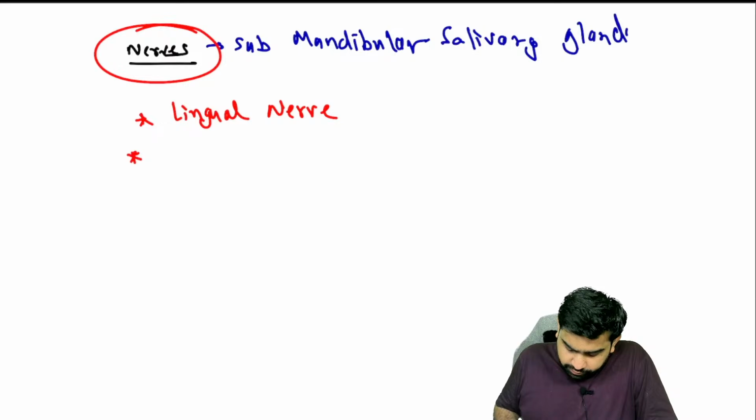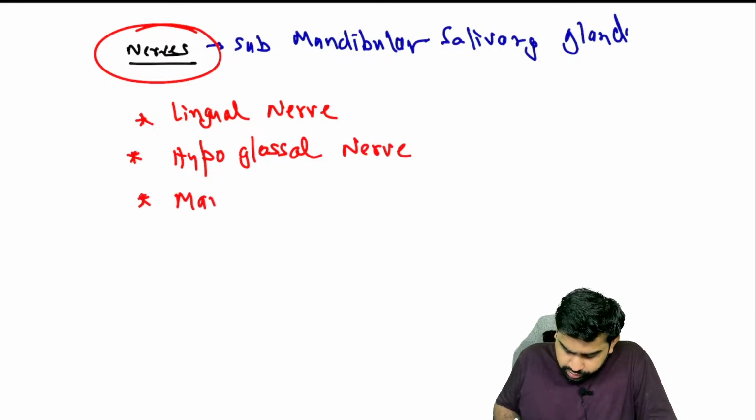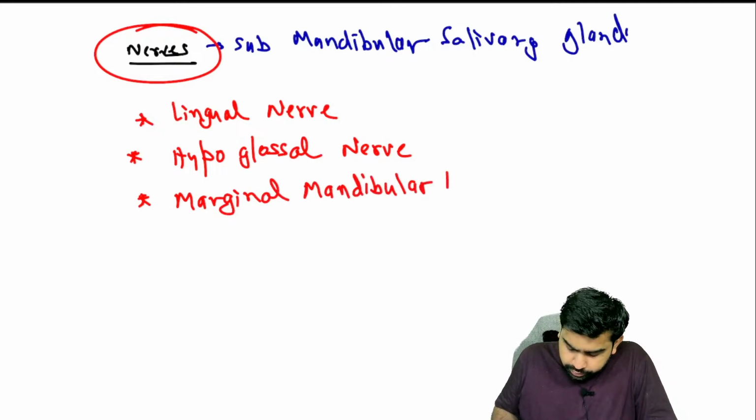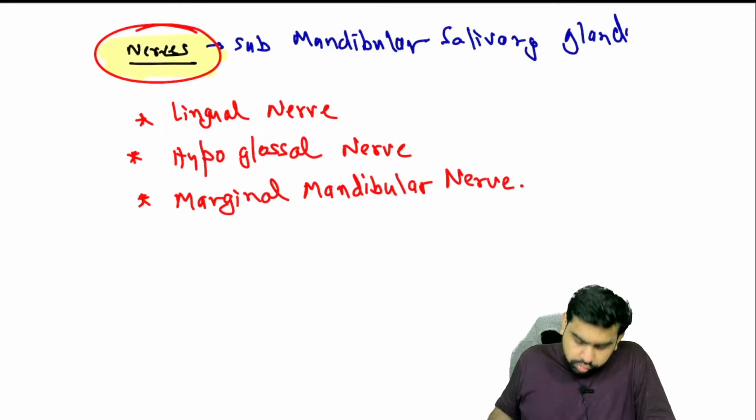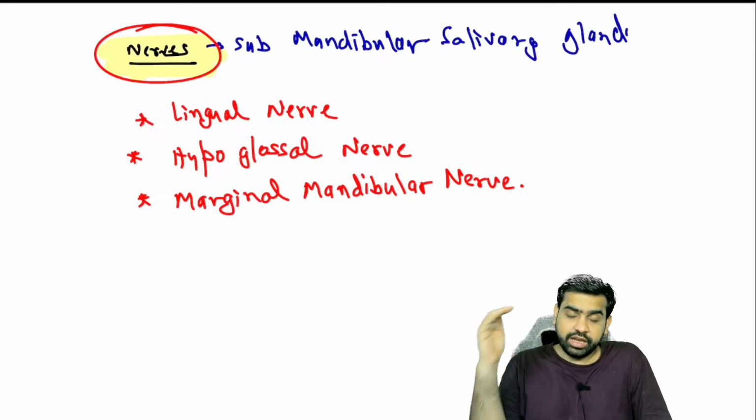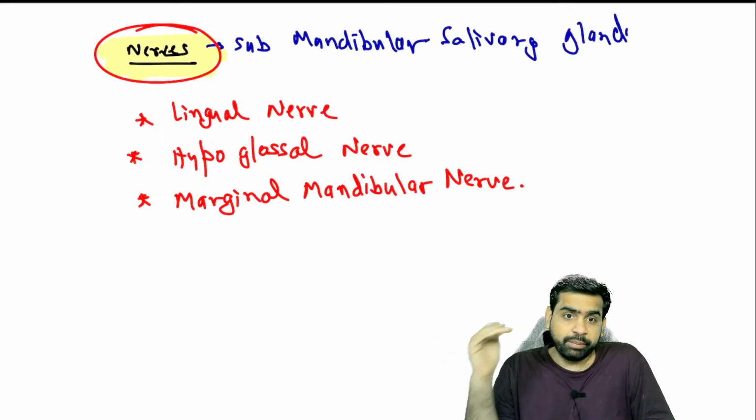What else? We have the hypoglossal nerve, and the marginal mandibular nerve. You understand my point? So the nerves associated with the submandibular salivary gland are the lingual nerve, hypoglossal nerve, and the marginal mandibular nerve.